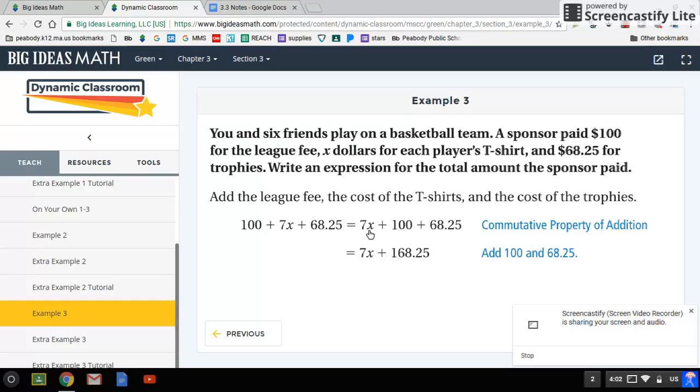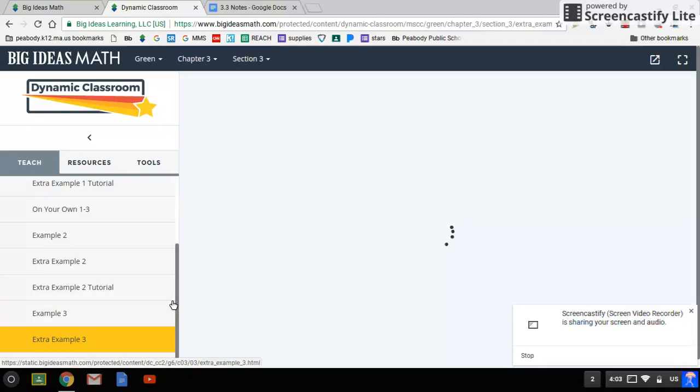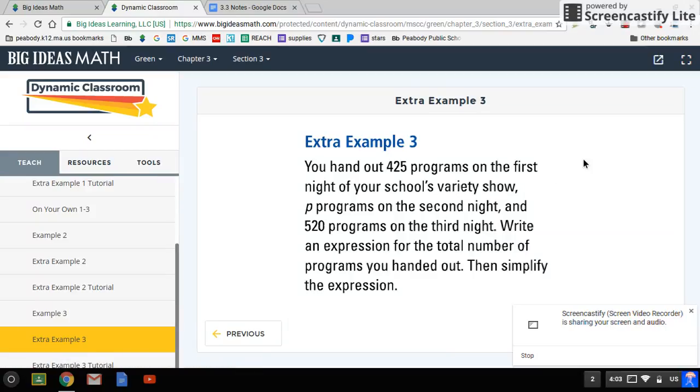You can't add a 7 because the 7 is attached to the variable. That would mess up your order of operations because that means multiplication. So you can't add the 7, just the constants, the numbers that are all by themselves. All right, so if you need to rewind and watch that, because I know that was a little bit tricky, watch it again. If you're good, I want you to try this all by yourself.